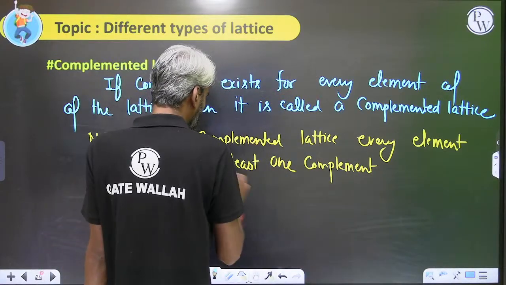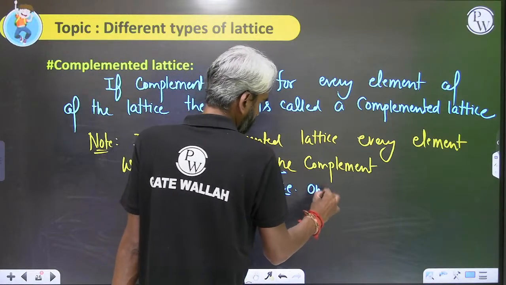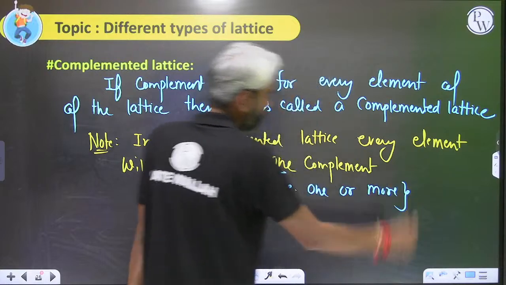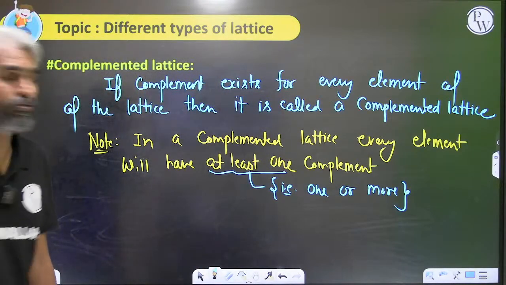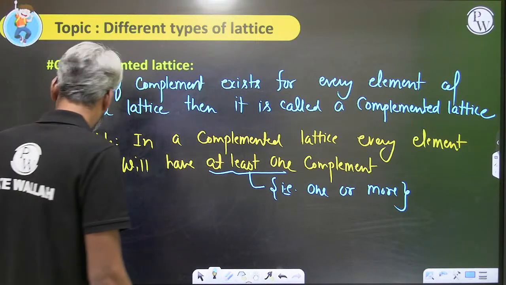What does it mean? At least one, that is, one or more. That is a complemented lattice. Now, let me give you an example.